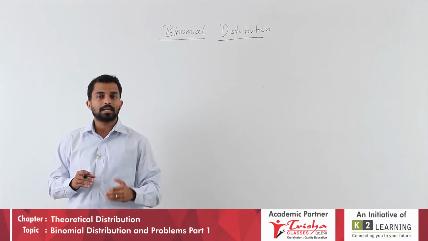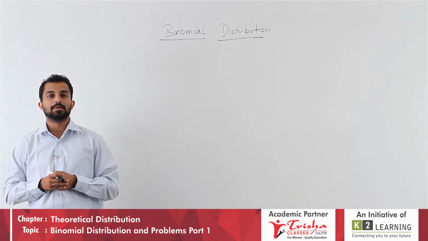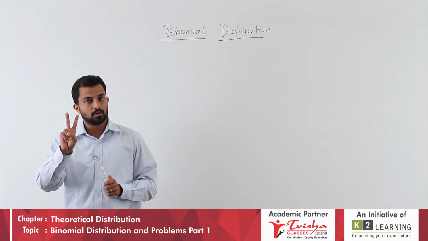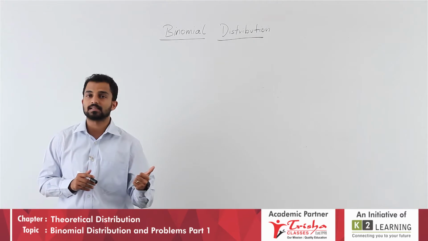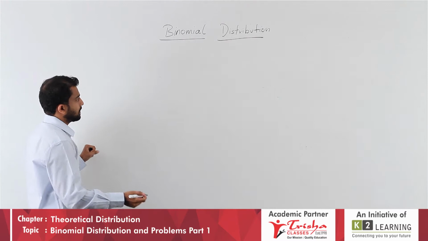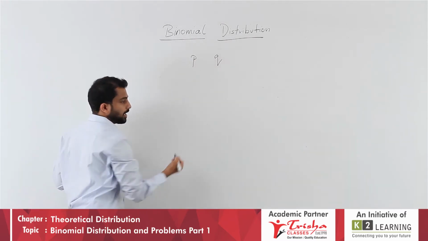But now, what happens in binomial distribution? Again, there are only two outcomes, a success or a failure, and we said success and failure are represented by P as well as Q.